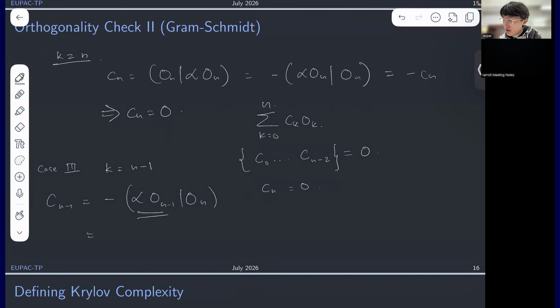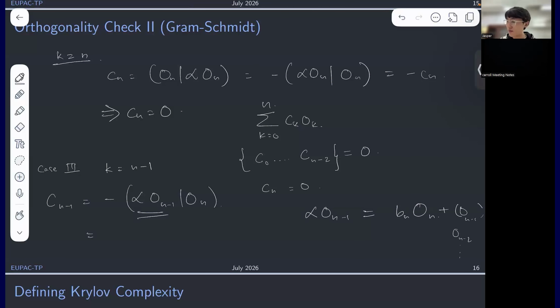So L acting on On minus 1 will generate some constant Bn times On plus some other lower terms, right? This lower term will contain On minus 1, On minus 2, and so on. But it doesn't matter because they are orthogonal to On.